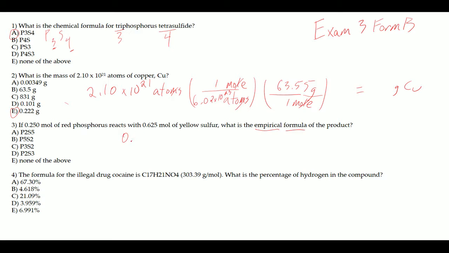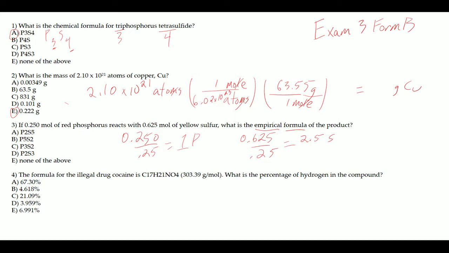I'm going to divide both of these numbers by the lesser of the numbers. So 0.25 divided by 0.25 is 1 phosphorus. Then I'll take 0.625 and divide it by 0.25 for my sulfur. That becomes 2.5 sulfurs. And so for every 1 phosphorus, there's 2.5 sulfurs.